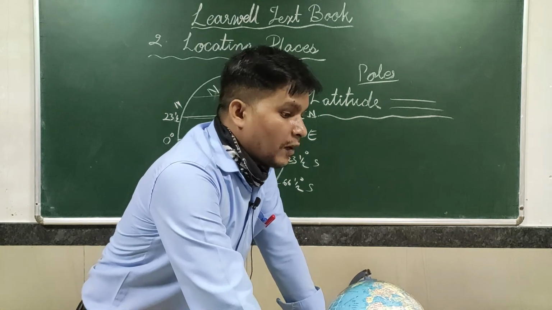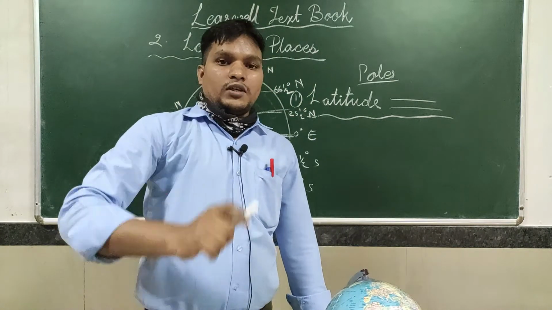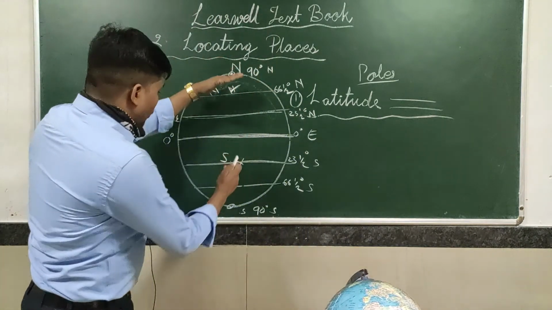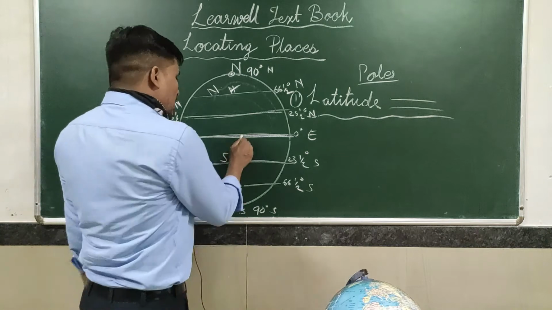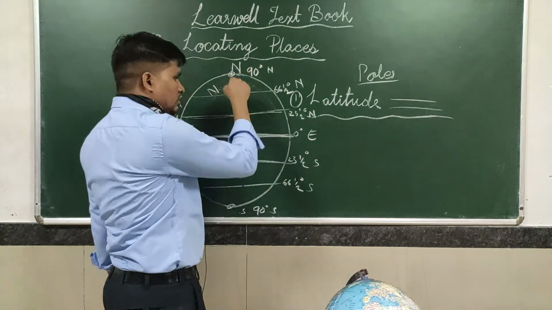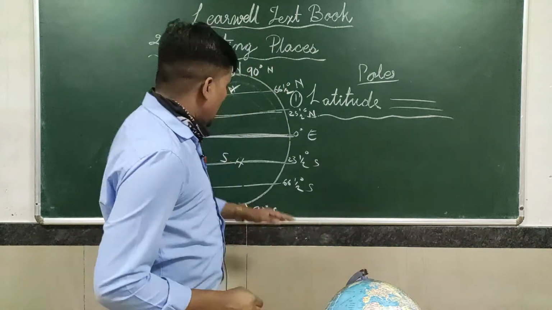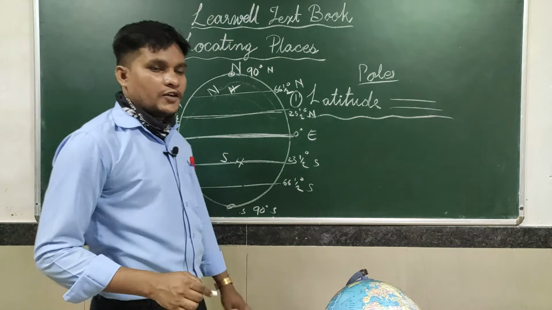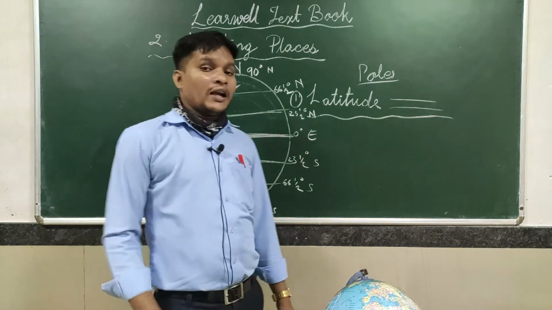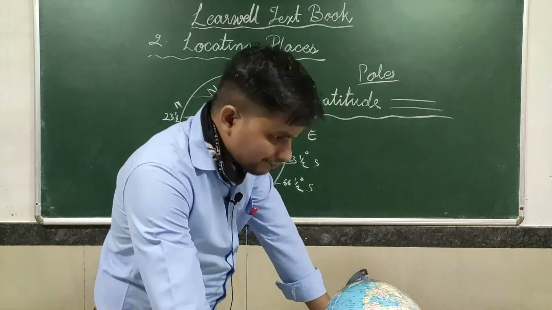There are 180 parallels of latitude in total, including the equator. From 0 degree equator to the North Pole, 90 latitudes, and on the below side also the same 90 latitudes. Combined, 180 latitudes are present on earth.